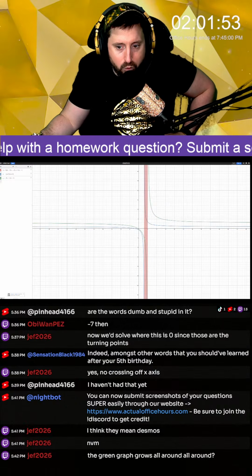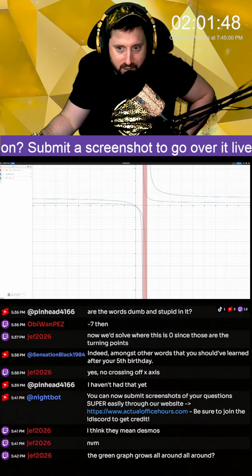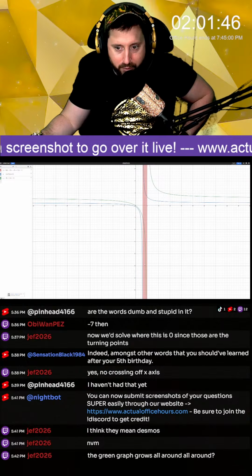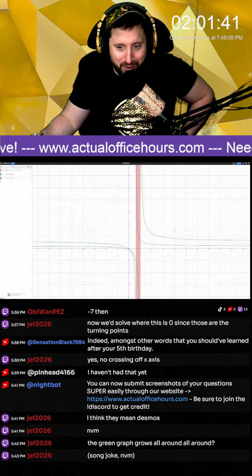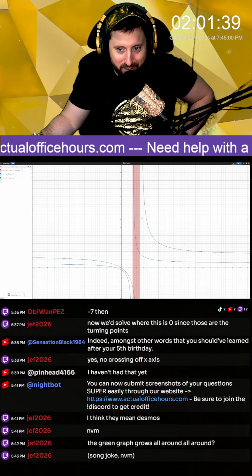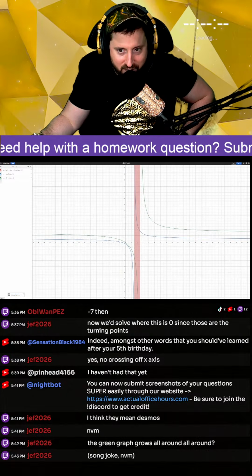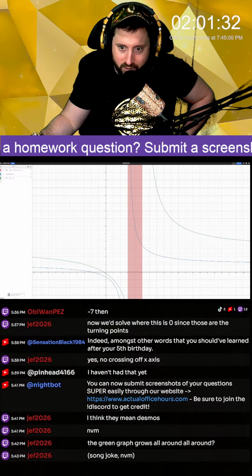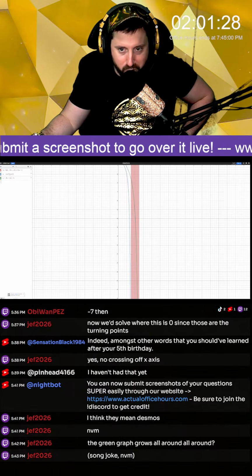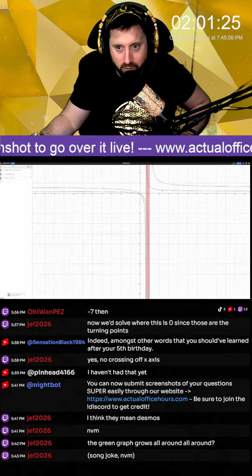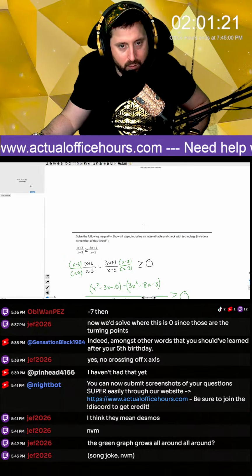So I wanted to know where the blue one is greater than the green one. Oh, I see. So if we look at, for instance, 3, the green graph is here, but the blue one is there. But then over here at like 4, the blue graph is positive, but the green graph is negative. And that's why the blue graph is above the green. Okay, cool. So if you wanted to show this to your teacher, you could send this in as well.